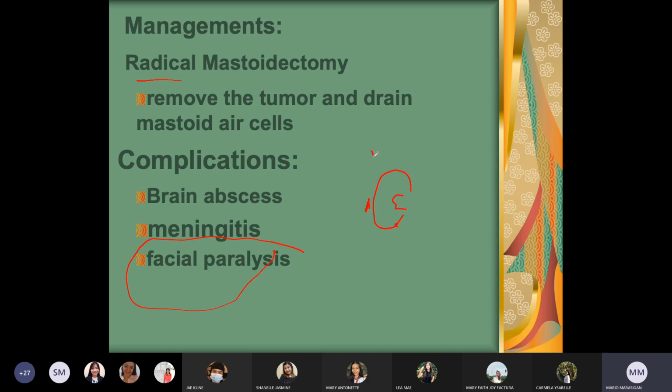Yung facial nerve kasi, dyan dumadaan, papunta sa facial part. So pag biniyak nila yan, minsan natutrauma yung facial nerve, which can cause facial paralysis. Ito yung common. So pagka nag-undergo ng mastoidectomy, patient might have facial paralysis.